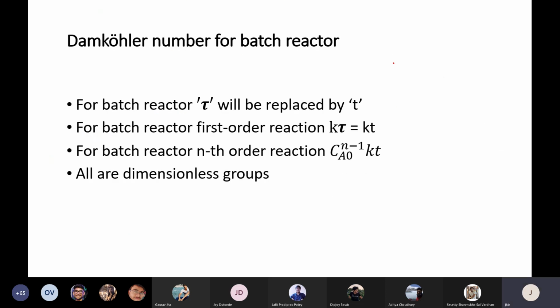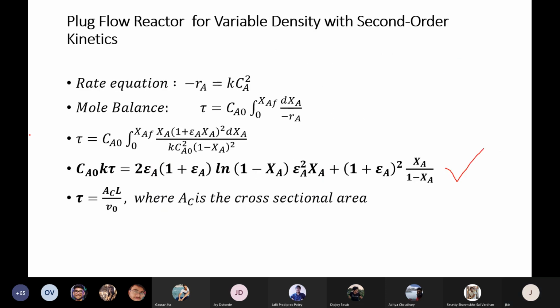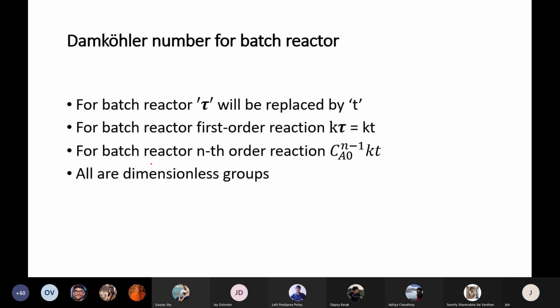Damköhler number. In this equation, k C_A0, k tau, in this mole balance, k tau C_A0, this group is called the Damköhler number for flow reactor, second order kinetics. And this tau, if it is replaced by small t, this will be the same as for batch reactor.